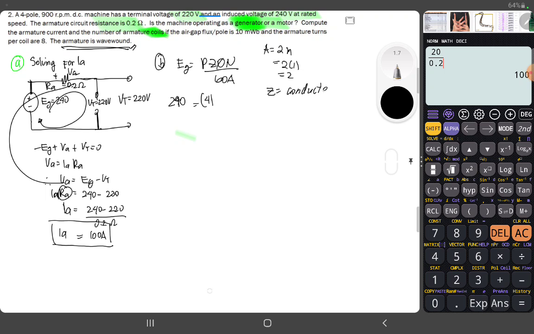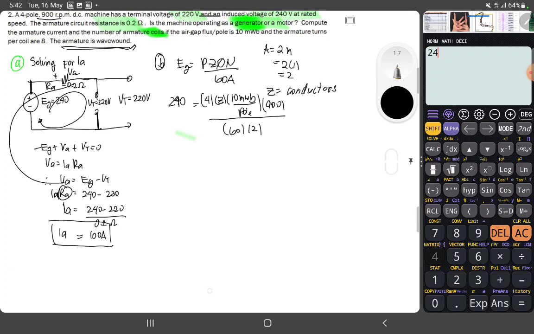Z is our conductors. So 4 multiplied by Z multiplied by φ, the flux per pole, which is equal to 10 milliweber per pole, multiplied by n, which is 900 rpm, divided by 60 multiplied by 2.